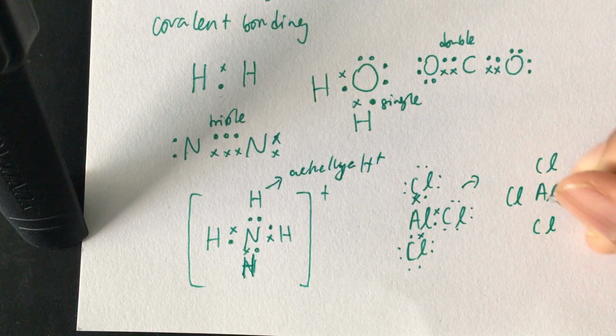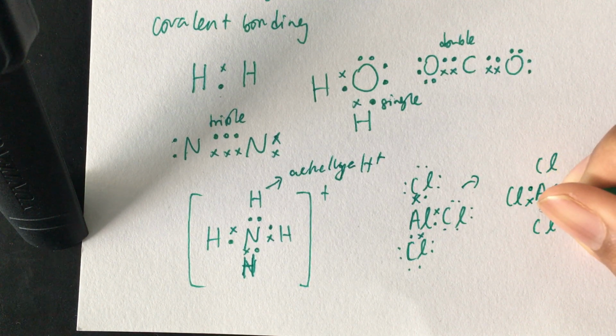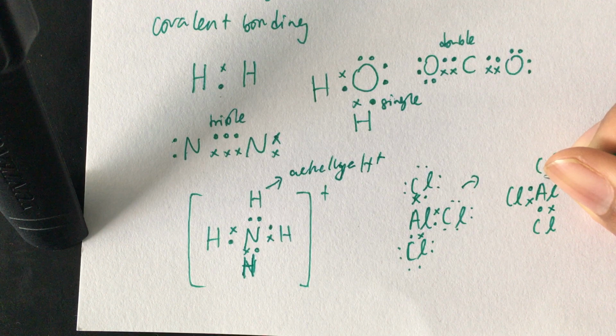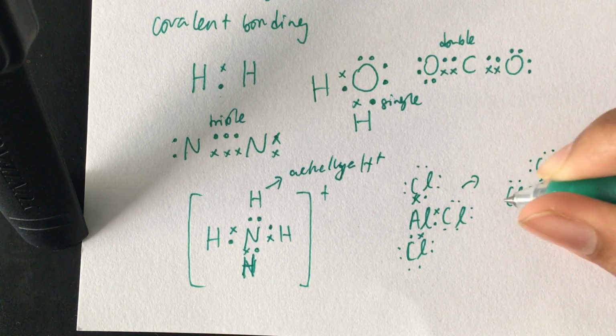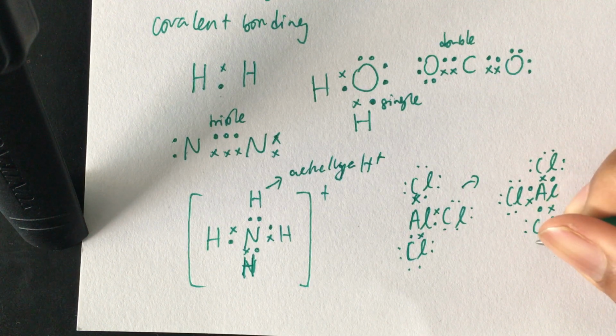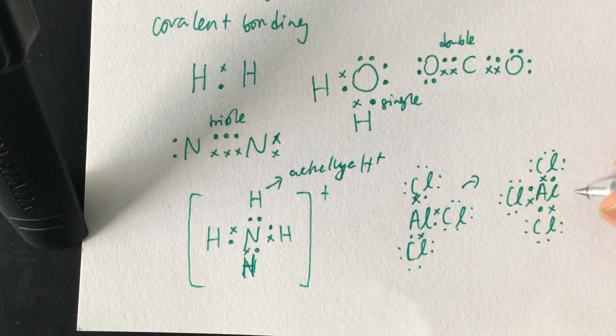And in Al2Cl6, the dimer of AlCl3, the aluminium chloride is a covalent compound. It's not an ionic compound, despite there being aluminium, as you would originally think.